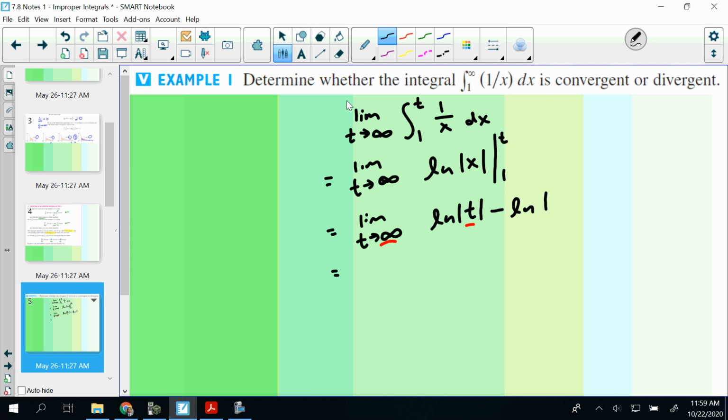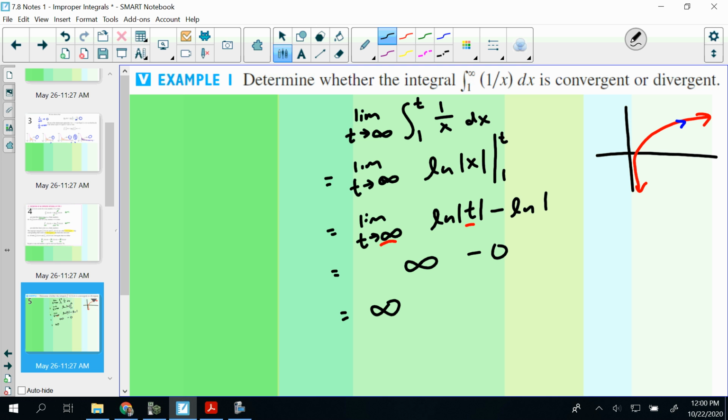Well, we've seen that natural log graph before. Graph of natural log looks like this. So what is that approaching as this graph goes out to infinity? Well, it's going to keep getting bigger and bigger and bigger. So that's infinity. So here we've got infinity minus 0, which would be infinity.